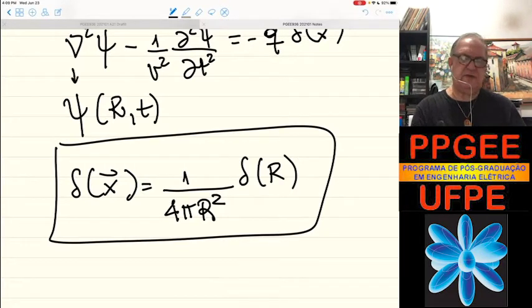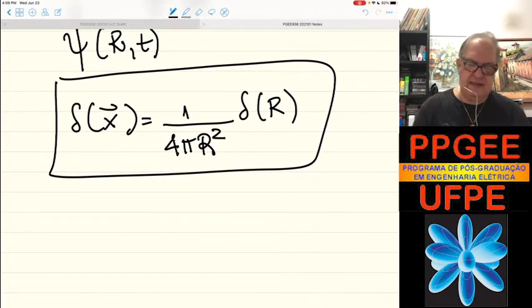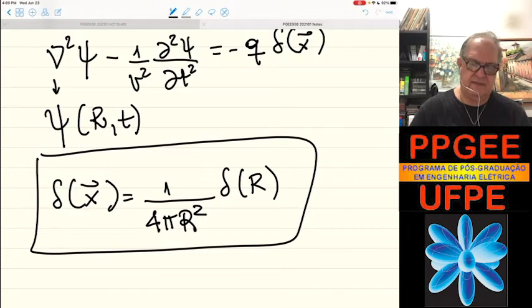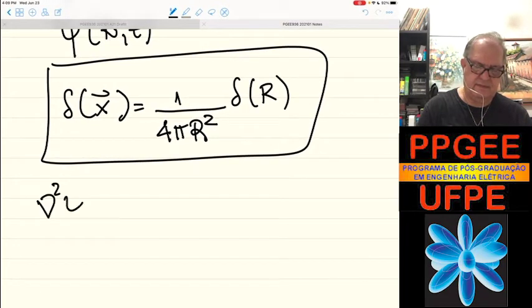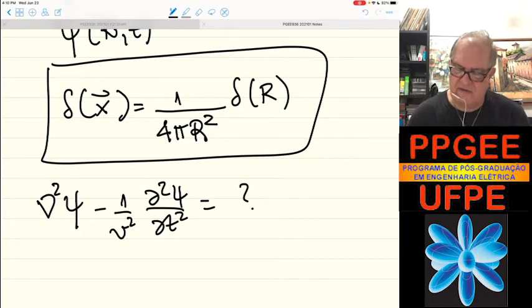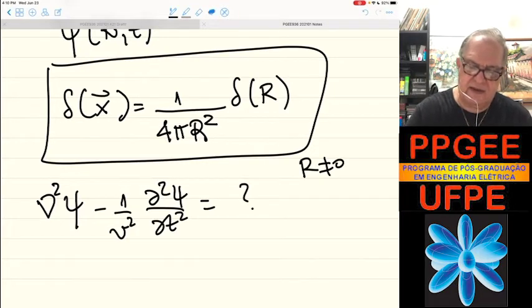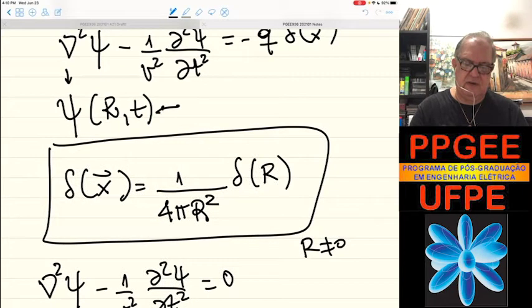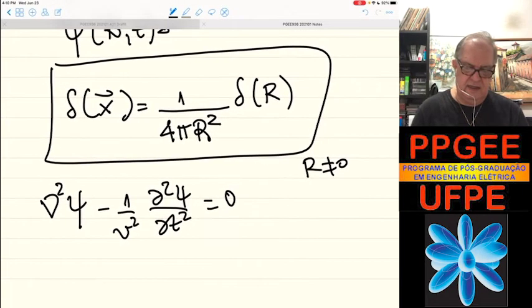So the potential function depends on time and only on the distance r, okay? If I look at the equation, it equals what? Well, if r is different than 0, the right-hand side is going to be 0. So we have a homogeneous wave equation. Now we know that the potential depends only on r and t, so we can use only the radial components.